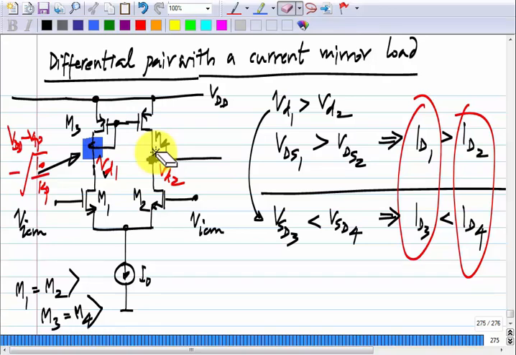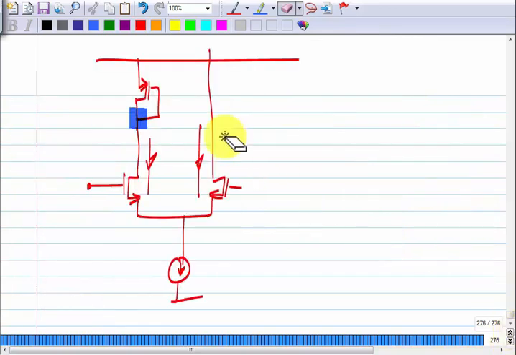This is okay? Where? In this case. So, again I am assuming non-zero values of lambda, right. So, what is VDS2 compared to VDS1? Be more or less or the same?